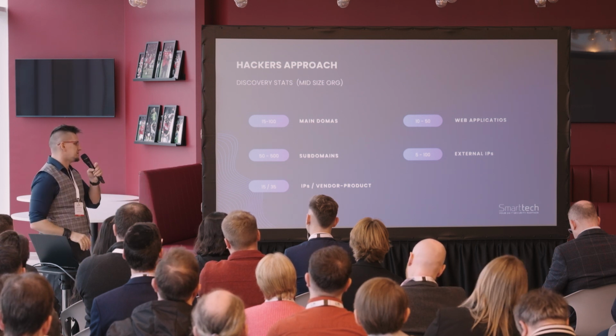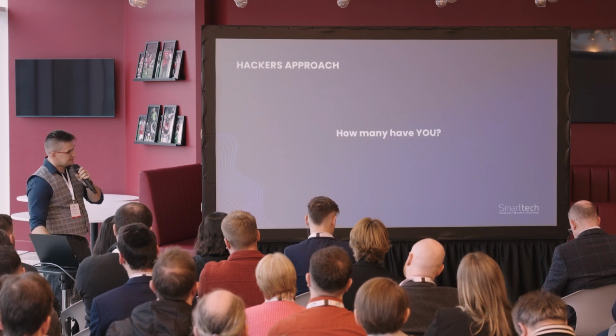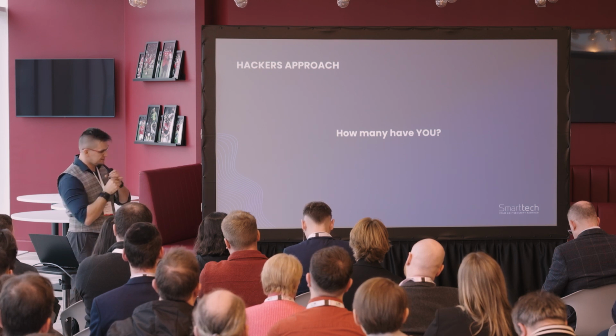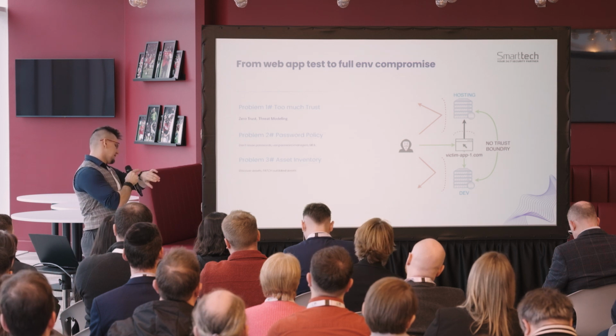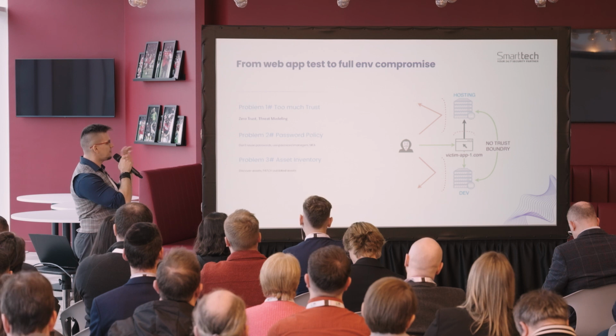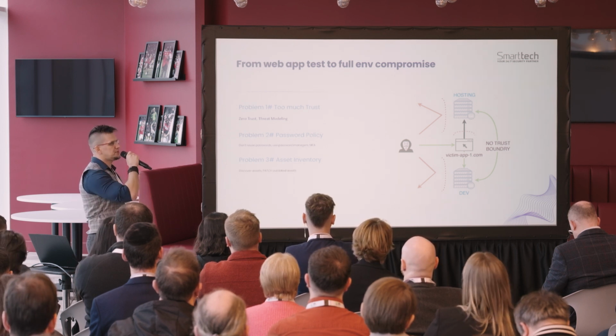There are cloud services not mentioned here also, so a whole bunch of assets. So think how many you have in your organization. Okay, so we got some more time, so I will show you some examples from our assessments where we managed to abuse that information and exploit it.